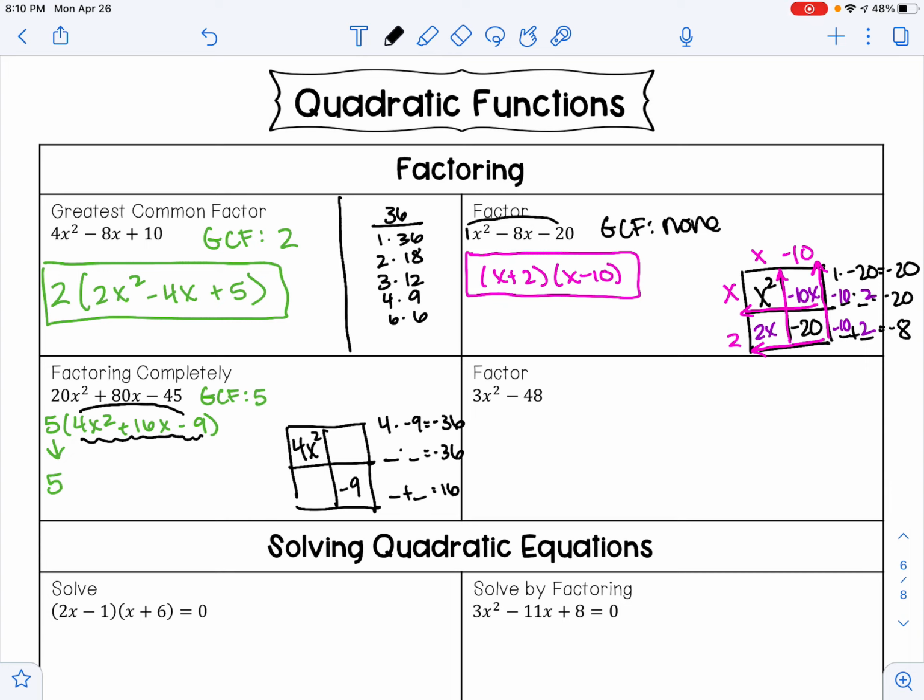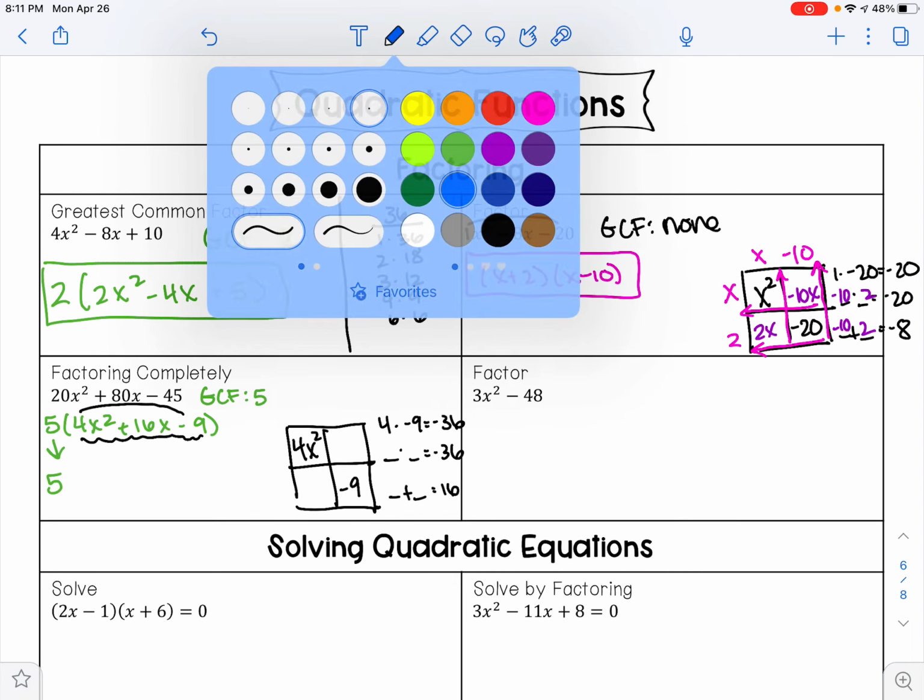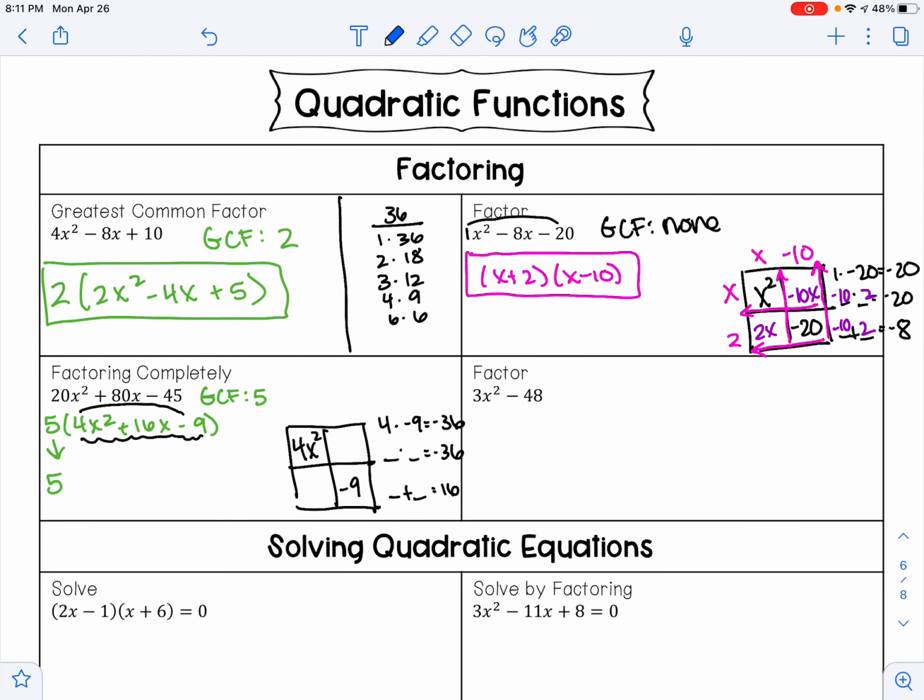So I'm looking for a pair that could multiply to negative 36 and add to positive 16. That's going to be 2 and 18. In order for this to work, 2 is going to have to be negative and 18 is going to have to be positive. Those are going to be the numbers that I put in the missing spaces of my area model.